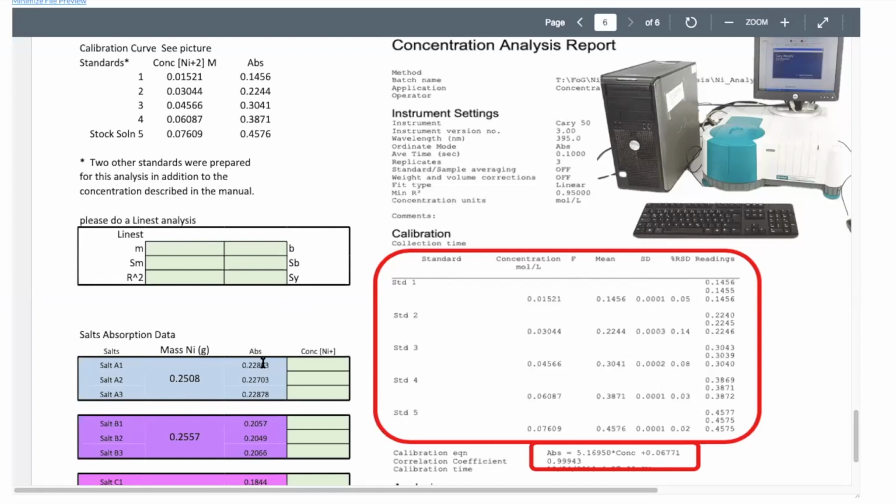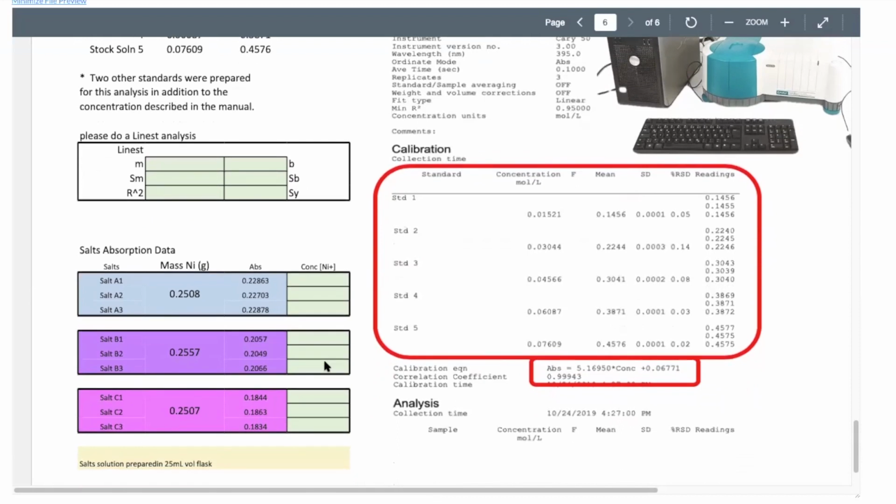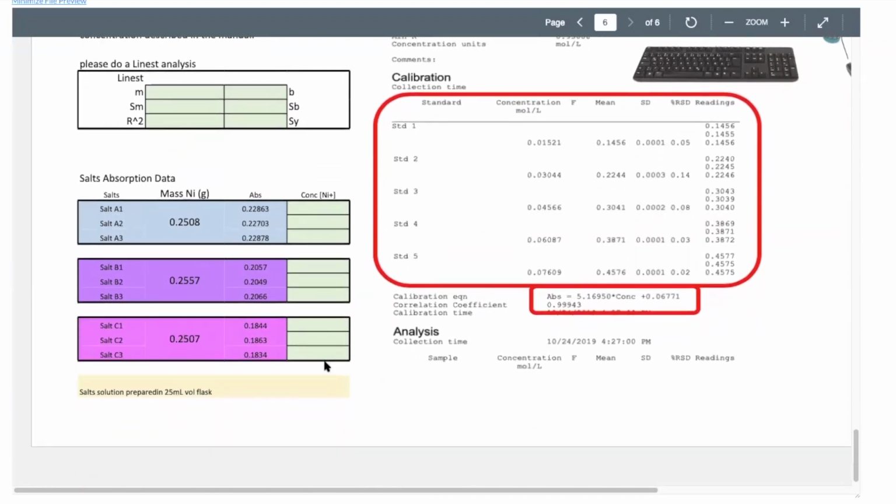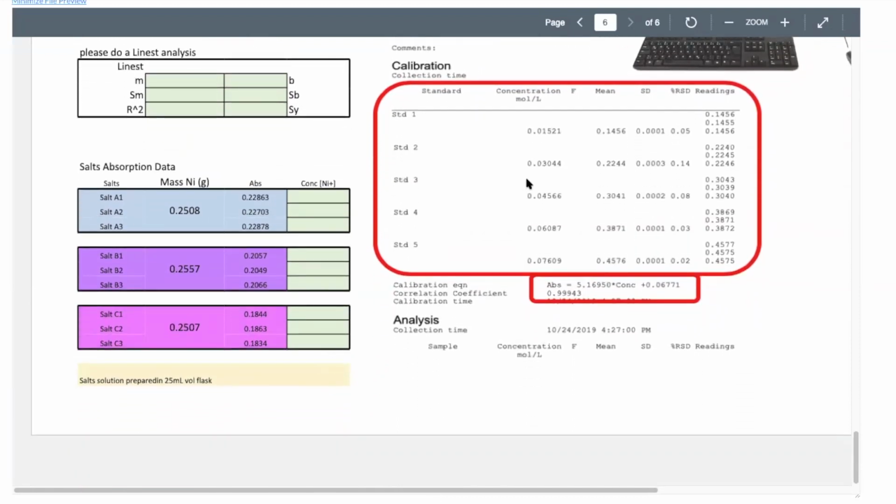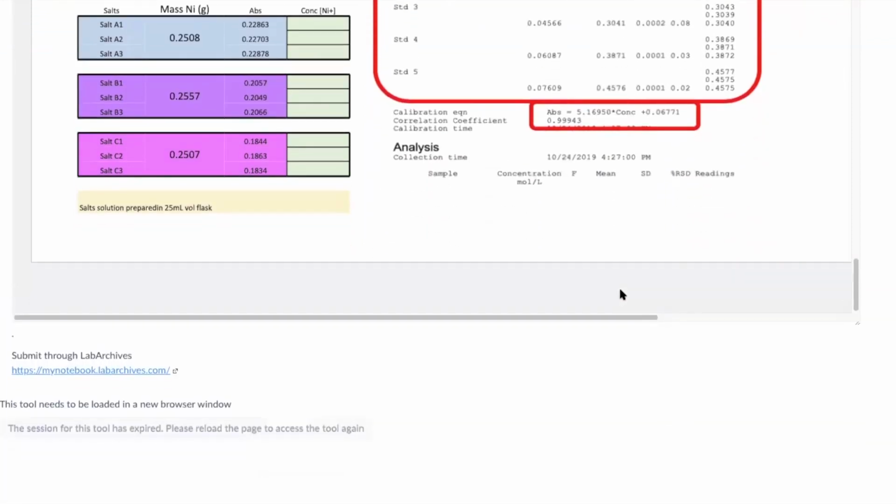If you're given the absorbance now for your different salts, you should be able to back calculate the concentration using the Beer's law equation. So think about that, and you do that for all three. I actually give you that equation here, but I want you to reproduce that through LINEST so that you will have that exercise.